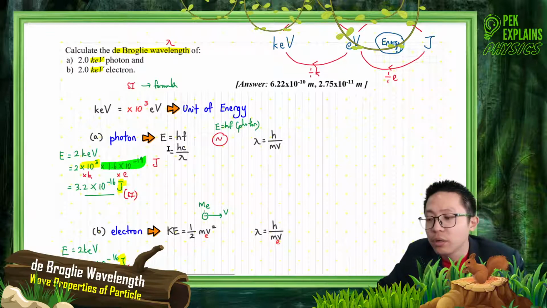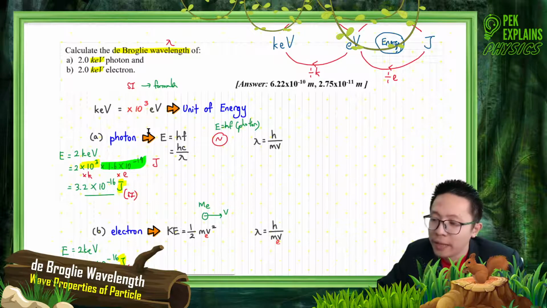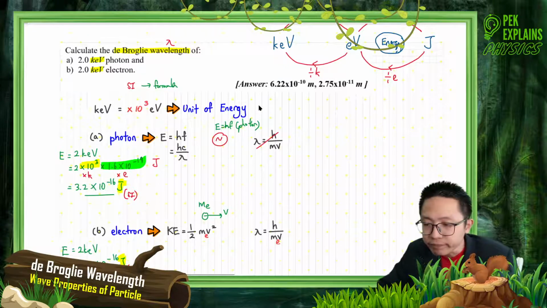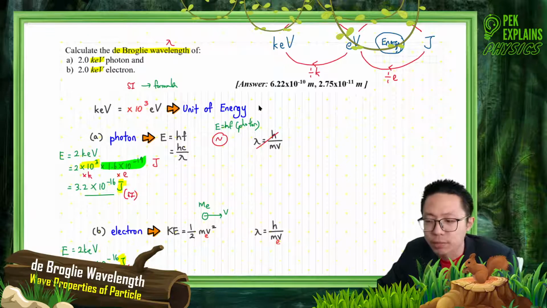This equation already has lambda, so we can find the de Broglie wavelength of the photon. The energy is provided, 2 kilo electron volt, so we can straight away find the wavelength. We actually don't need to use this other formula. It also can be used, but I will explain later on.